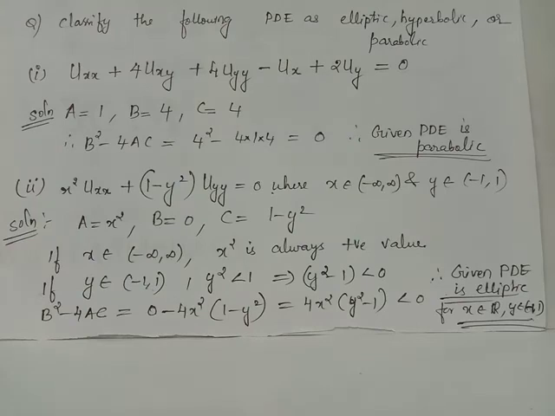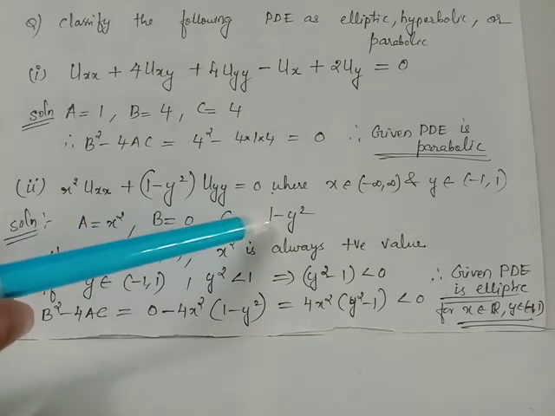When you evaluate b square minus 4ac, we obtain b square minus 4ac equals 0 minus 4 times x square multiplied by 1 minus y square, because capital A equals x square, capital B equals 0 and capital C equals 1 minus y square.